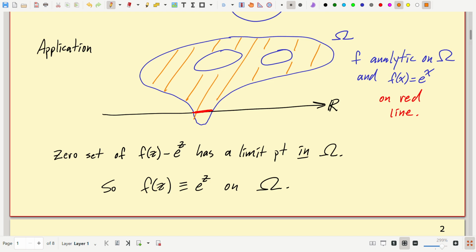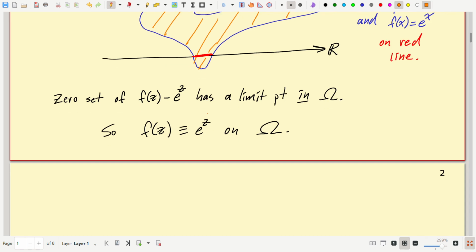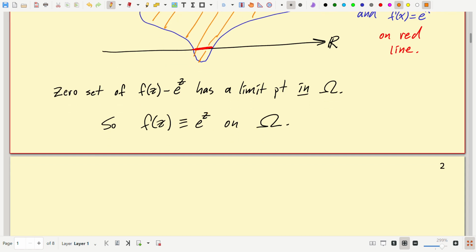You might ask next if there's an identity theorem for harmonic functions, and it's a little different. Oh, and I use that argument to show that every trig identity you ever heard of holds for complex angles. Same arguments.